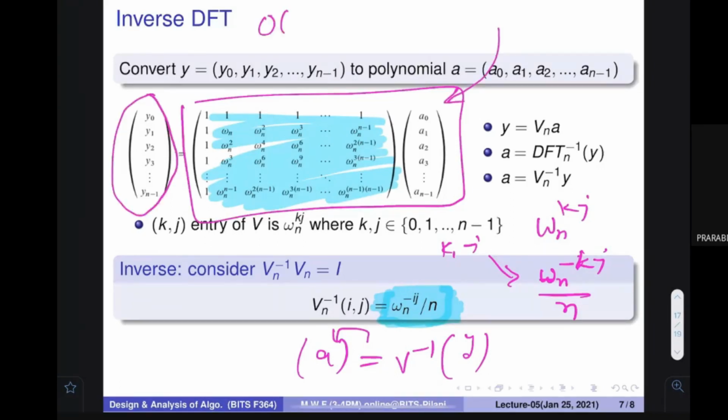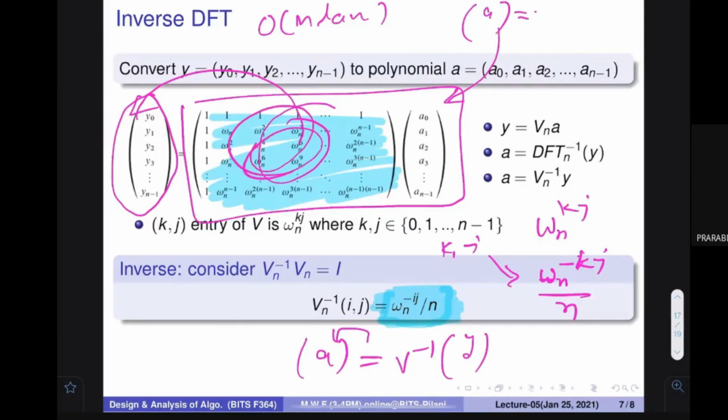Now the a's are here, the v inverse is here, and then y is here. Again the same kind of problem, so the same methodology can be implemented, and you can find the a's in order of n log n time.